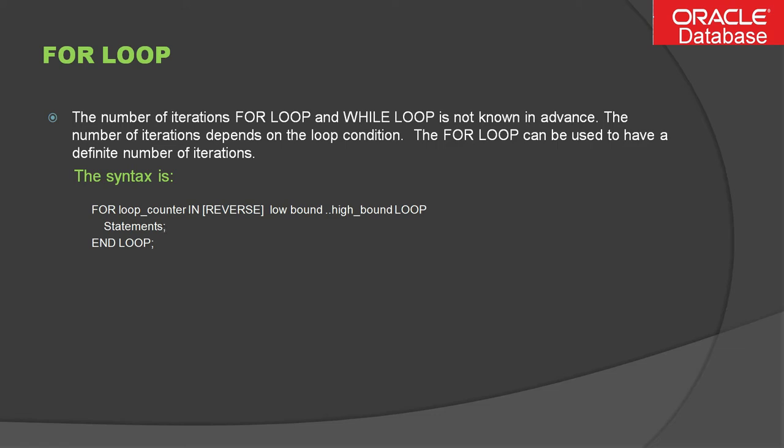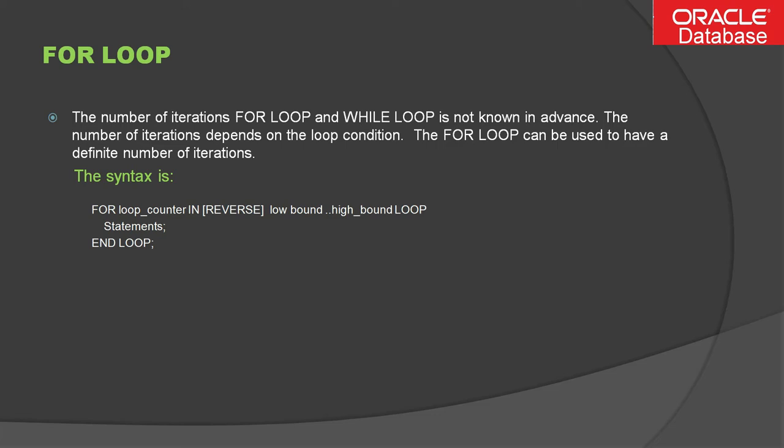The bounds of the loop are evaluated once. This determines the total number of iterations. The loop counter will take on values ranging from low bound to high bound, incremented by 1 each time, until the loop is complete. The increment of the loop counter is automatic and need not be done explicitly. So this is all about the for loop.